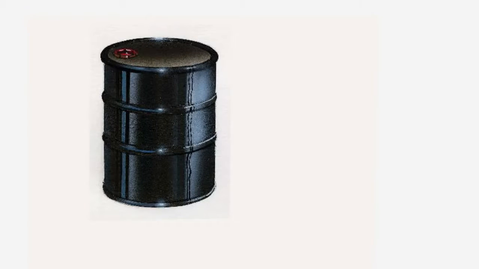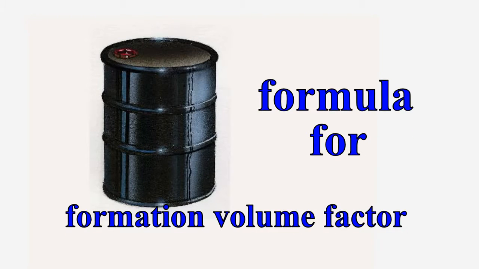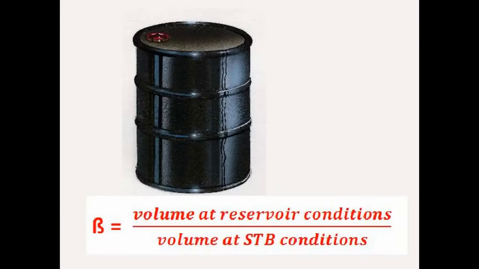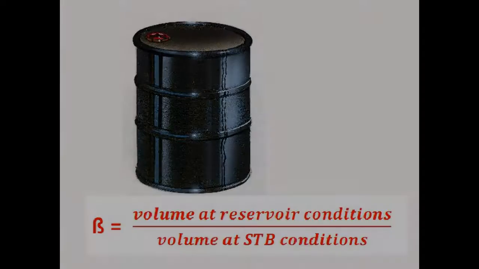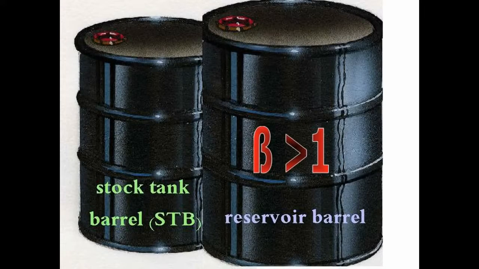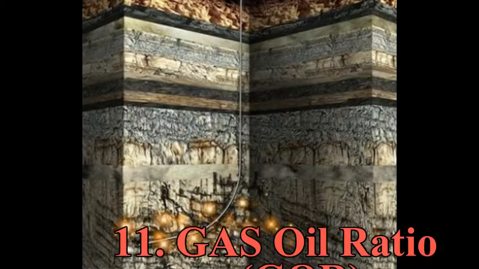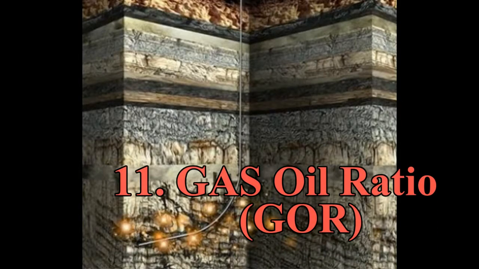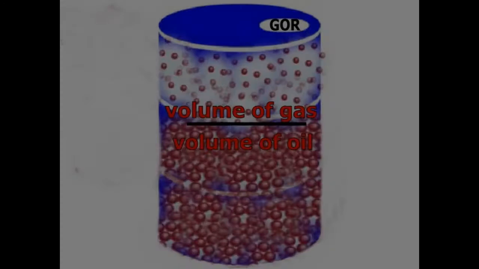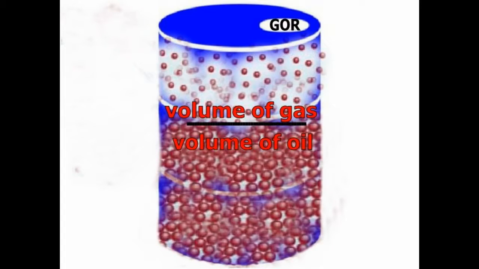The formula for the formation volume factor is beta equals the volume of oil at reservoir conditions divided by the volume of oil at stock tank barrel conditions. Beta in the reservoir is usually greater than 1. Our next term is the gas-oil ratio, GOR. Here, the volume of gas is divided by the volume of oil.